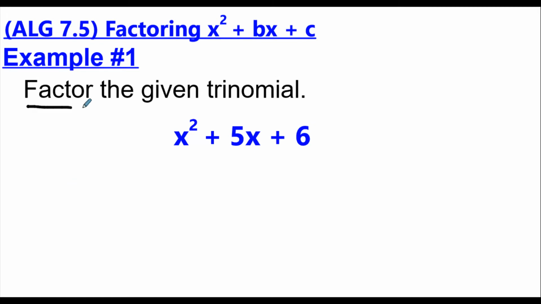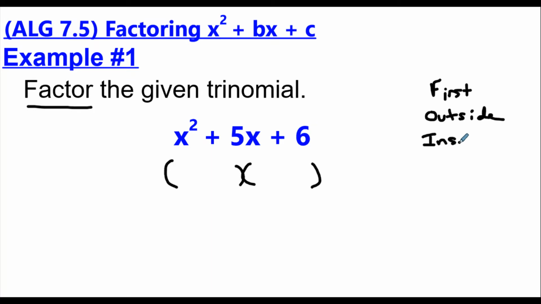So it says factor, so I'm looking for a product of two binomials that will give me this trinomial. So when you multiply binomials together, we're using that acronym FOIL. First, outside, inside, and last, which is just a way to help you remember that when you multiply binomials together, you need to distribute onto both of the terms over here and then take the term that would be here and distribute onto both the terms over there.